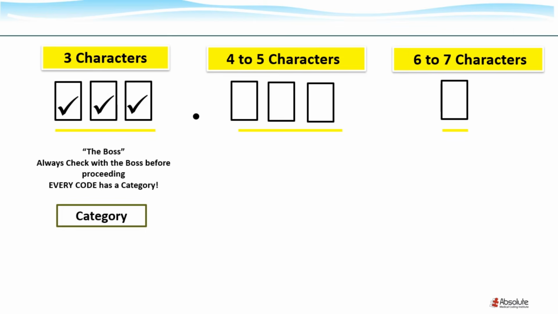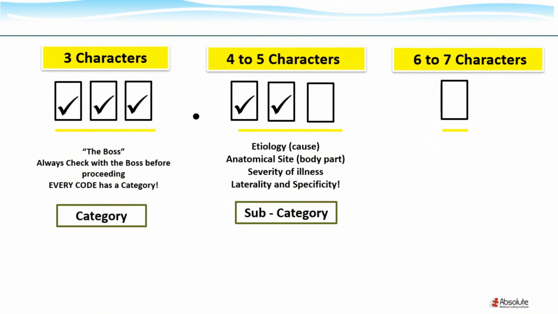Next, your 4th and 5th character spaces. These are key. This is when the code becomes more specific. This is your subcategory code, and the subcategory section can describe the etiology of a disease, what caused it.